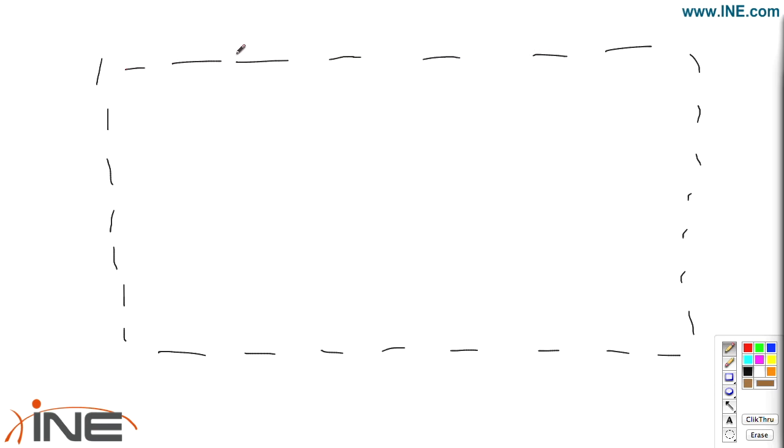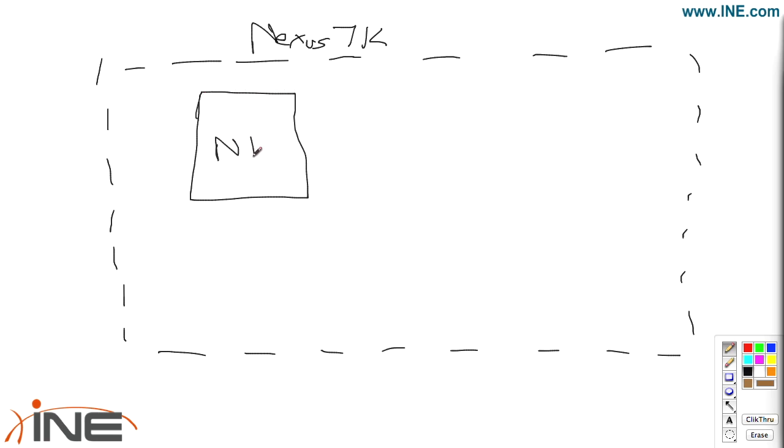So this is our physical Nexus 7000, Nexus 7K. And within here we might partition off different resources. I might say I'm going to create what looks like a separate physical switch, an N7K switch, and maybe we'll give it the VDC of 1.